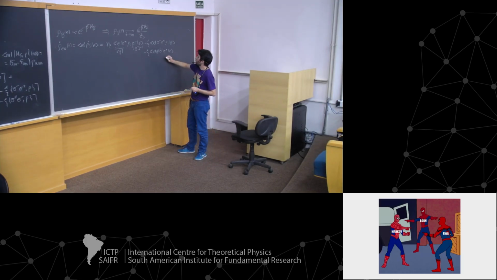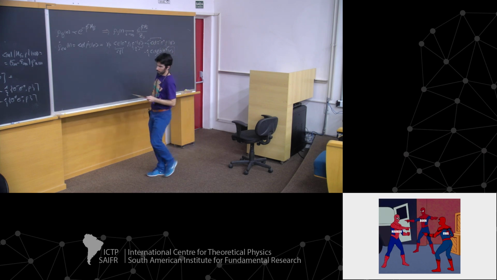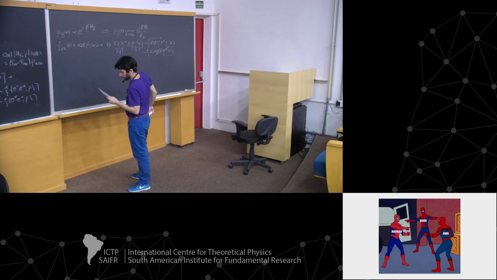So, for instance, this object here, this is 0, because you cannot excite the two-level atom twice. So this is 0. And by the same token, this is also 0. Is it? Or am I writing nonsense?